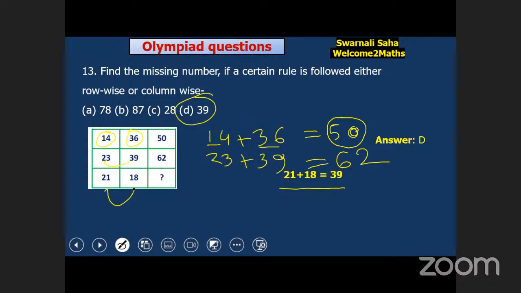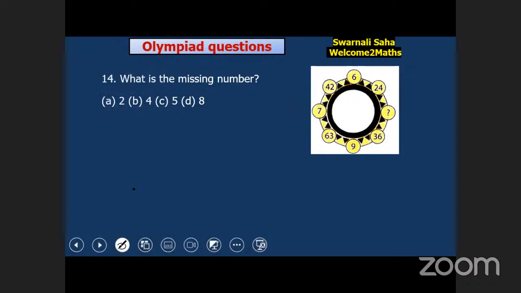So now one more question. Question number 14. What is the missing number? This is visual. You see now, how to find out this type of question answer. The question mark, how can you find out? 42, 6, 7.